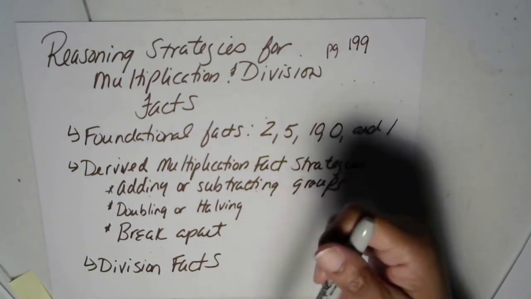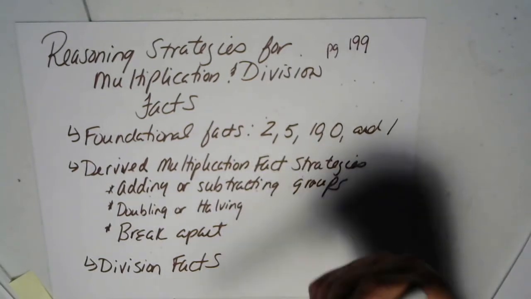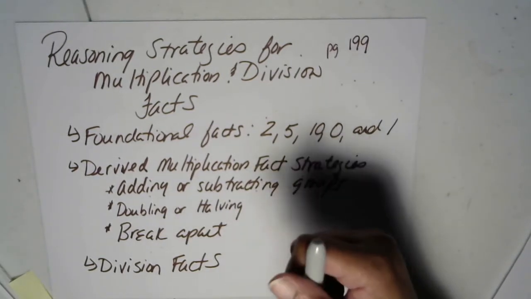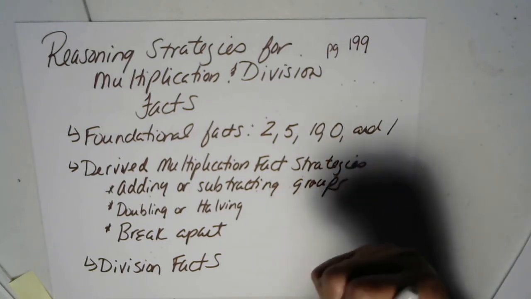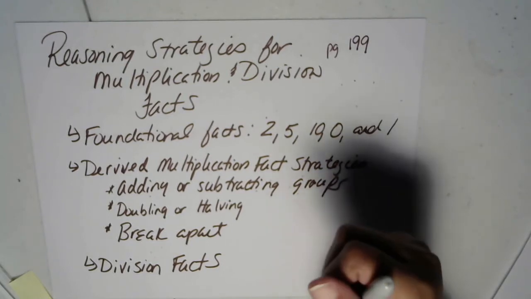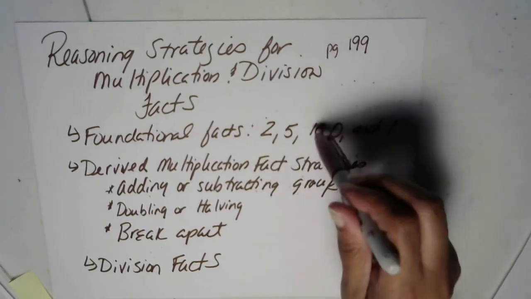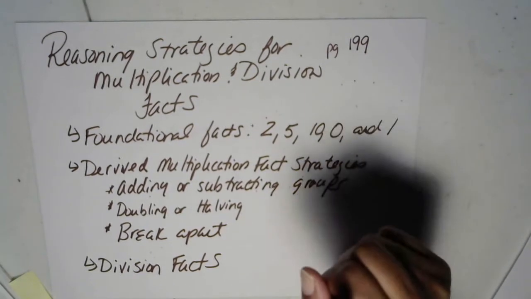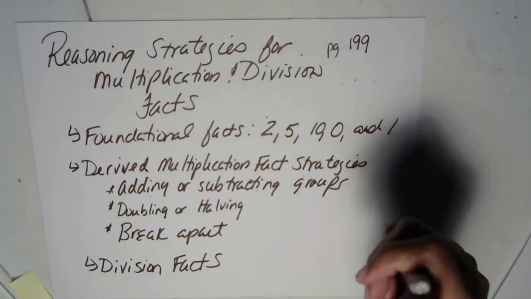These facts connect to students' experiences with skip counting and addition doubles. Tens are not basic facts because 10 is 2 digits, but it's listed here because of skip counting and this being a natural progression.